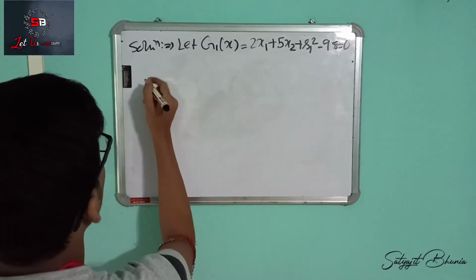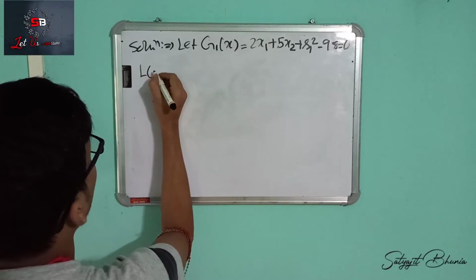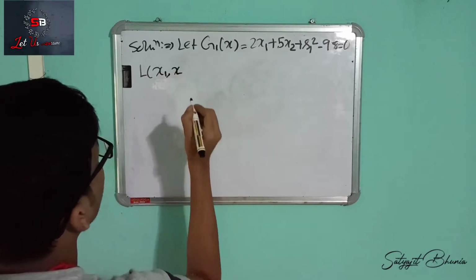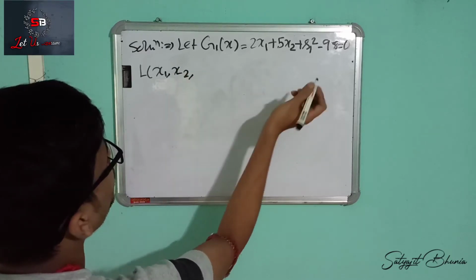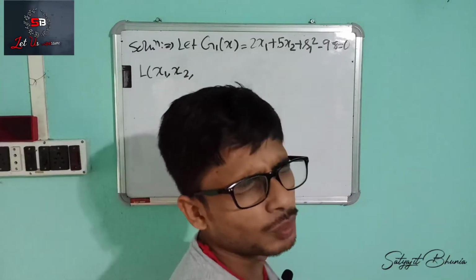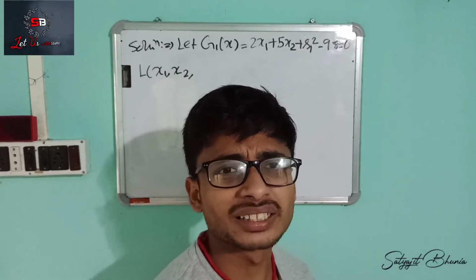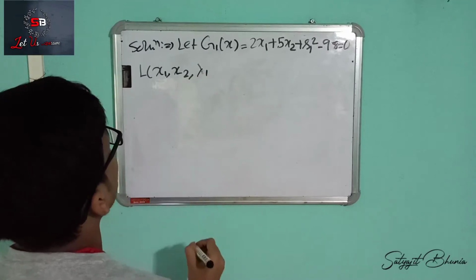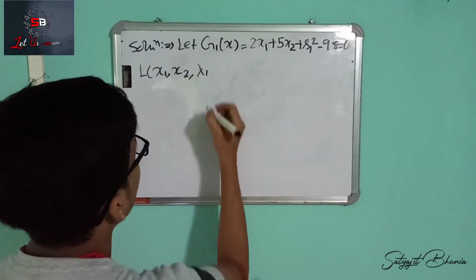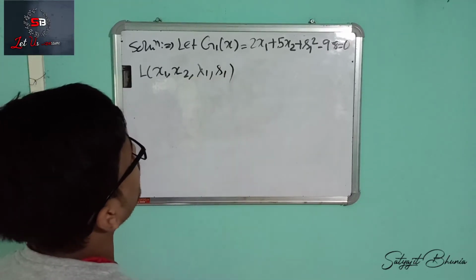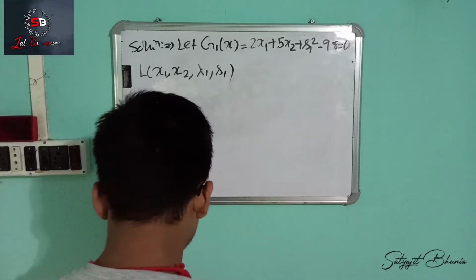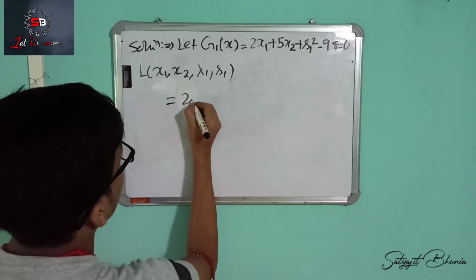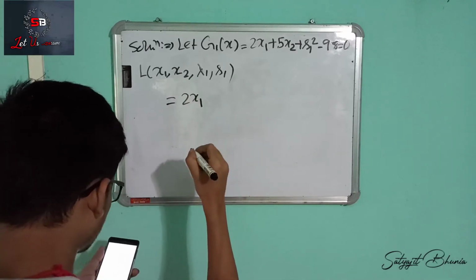So now we have to construct the Lagrangian function L, which is a function of x1, x2. Since there is only one inequality, therefore only one Lagrangian multiplier lambda 1 and one slack variable s1. So L is equal to the objective function.